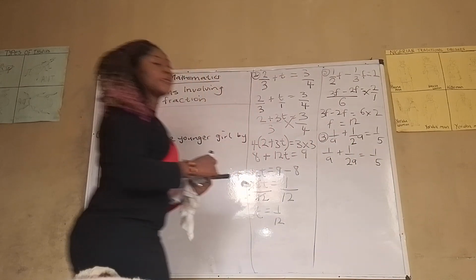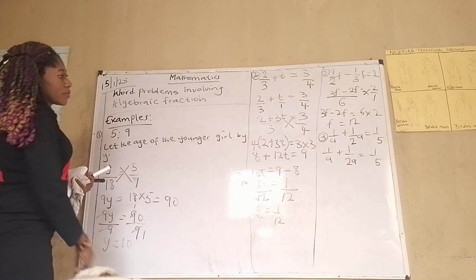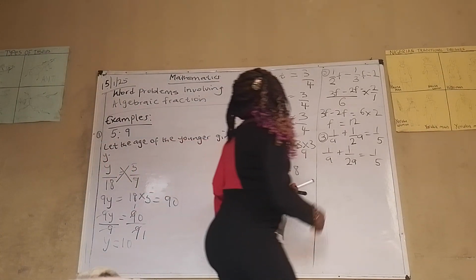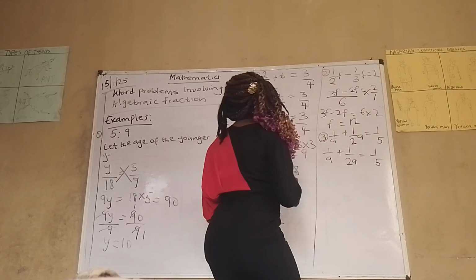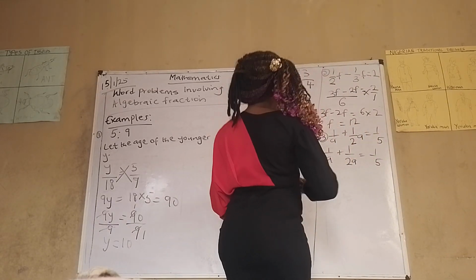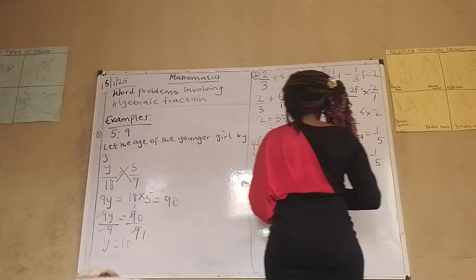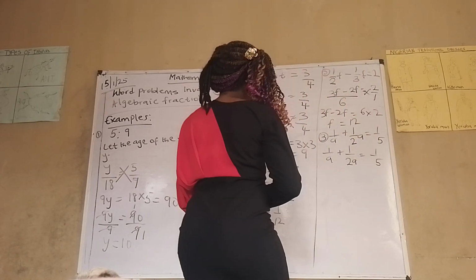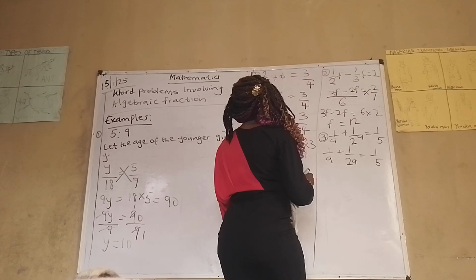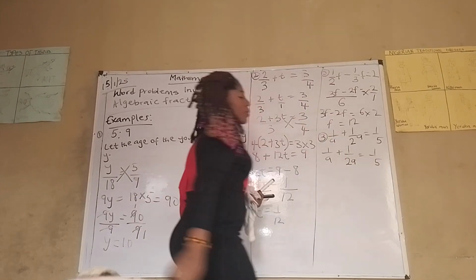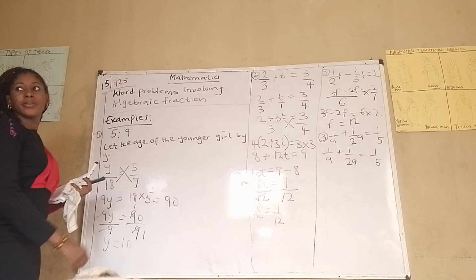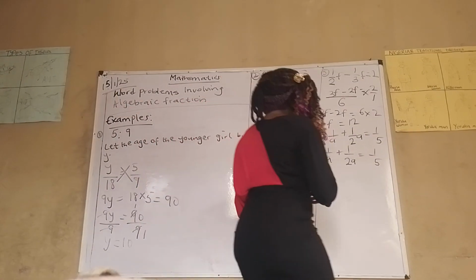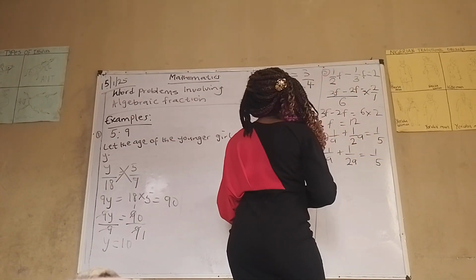So what do we do? We find the LCM of this expression so that they become 1. The LCM of 2A and A will be what? It remains as 2A.